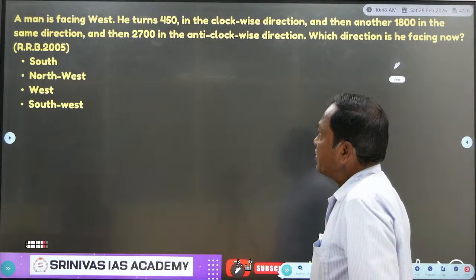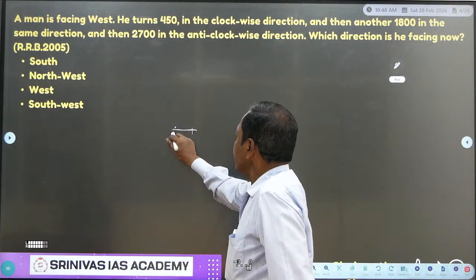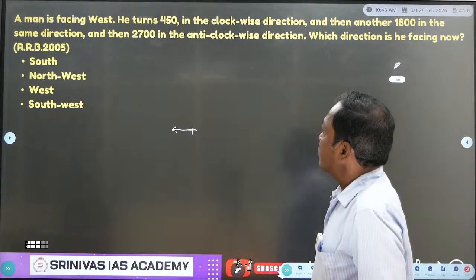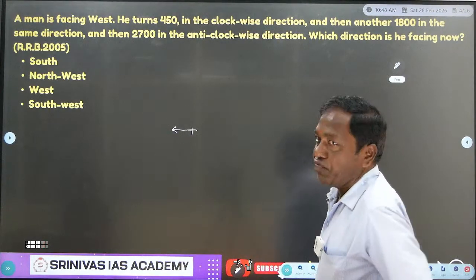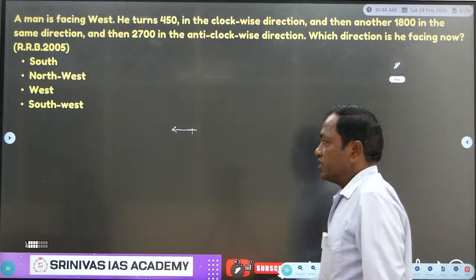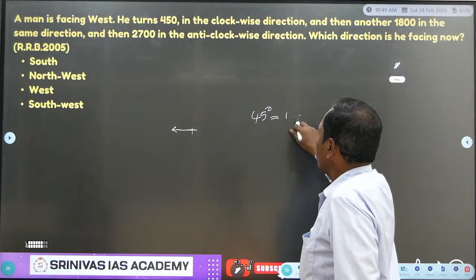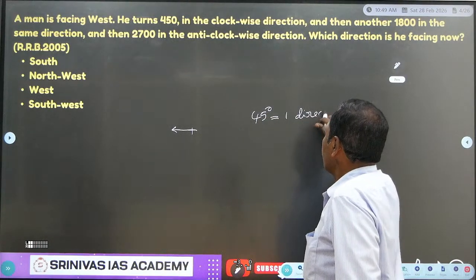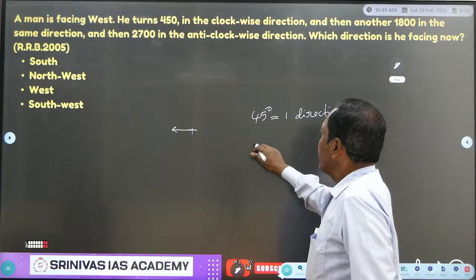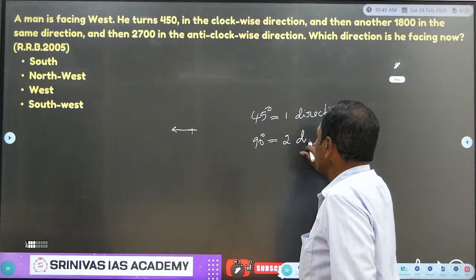Next, a man is facing west. He turns 45 degrees, that is actually 45 degrees, not 450. 45 degrees is equal to one direction. 90 degrees is equal to two directions.